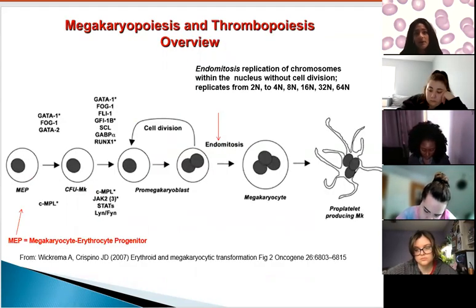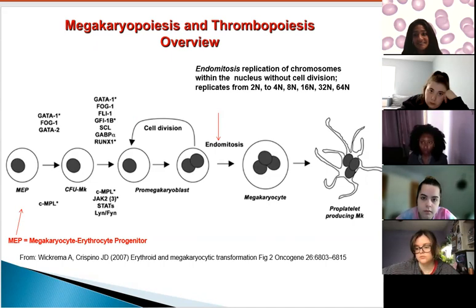So this slide right here is the process of megakaryopoiesis and thrombopoiesis. What is thrombopoiesis? Anybody? The formation of platelets. That's right.